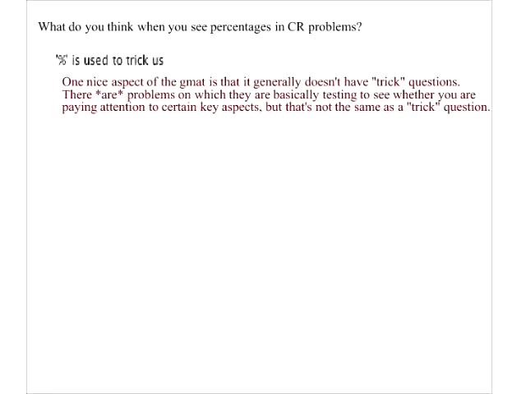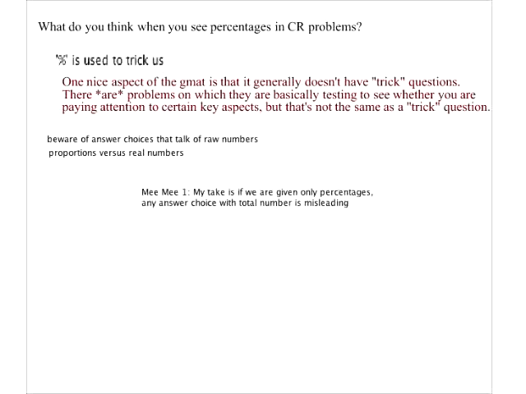Okay. A couple of you are starting to nail what I'm getting at here, though, which is beware of answer choices that talk of raw numbers. I think that's what someone meant when they wrote relativity versus real numbers. These three people, the ones I'm going to put on the board right now, are at least on the wavelength that I'm trying to get at here.